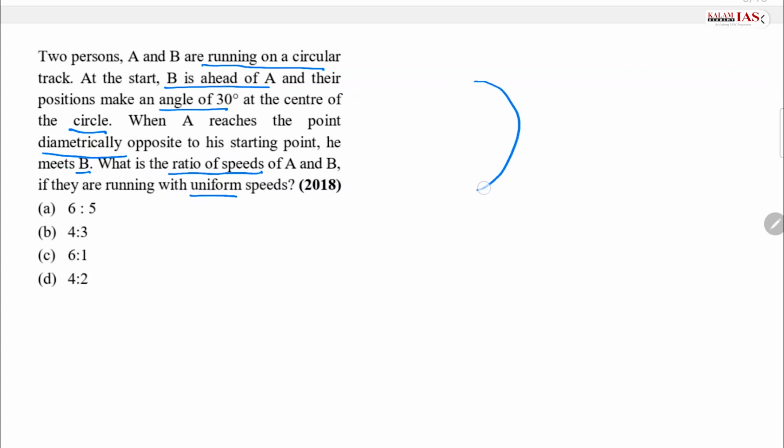Now, this is the circular track. At the start, B is ahead of A. So suppose here is A, and in the question it is said B is ahead of A, and at the center the position of B makes an angle of 30 degrees with respect to A. When A reaches the point diametrically opposite to his starting point, that means it is exactly at the other end, that is 180 degrees from the starting point.